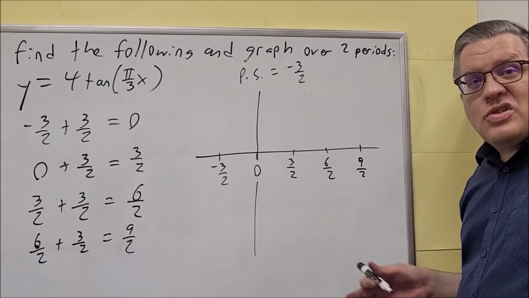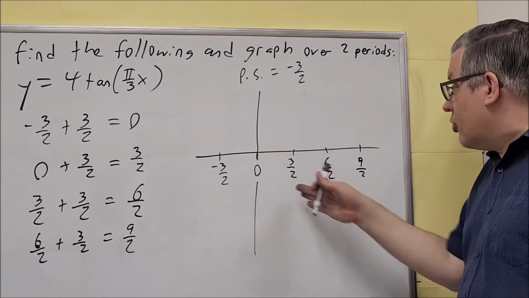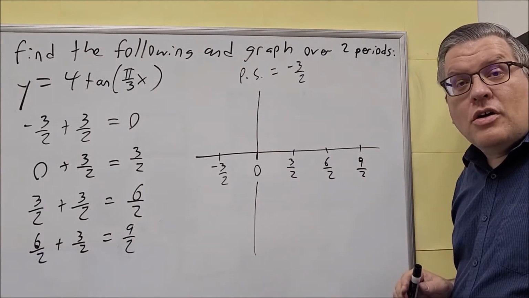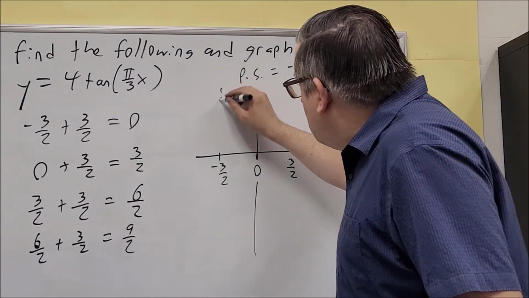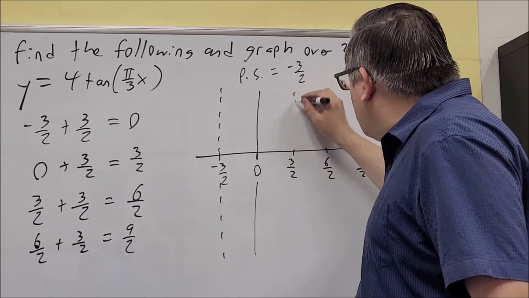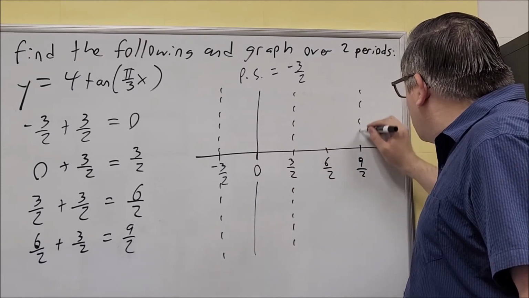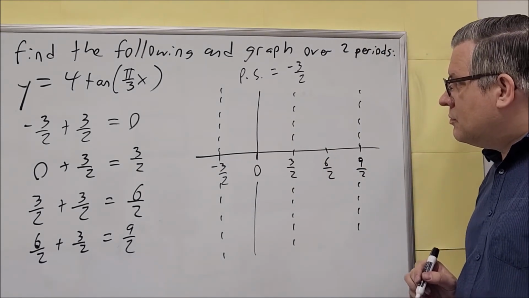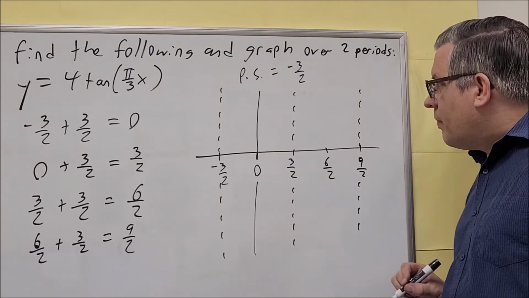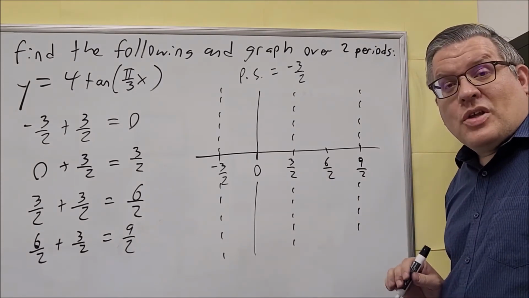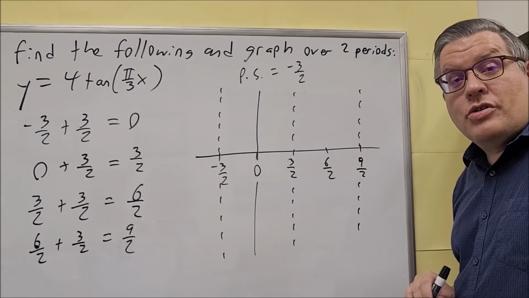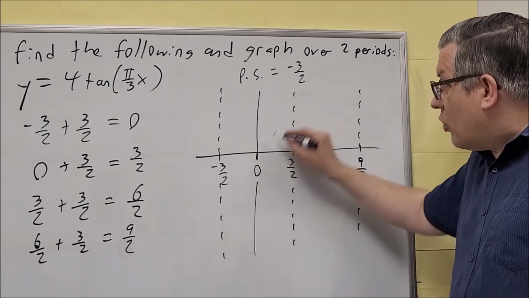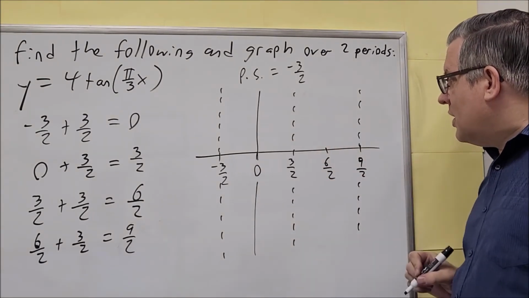The way this is set up is it's always the first one, the third one, and the last one that gets the vertical asymptotes. Negative 3/2 has one, there's one at positive 3/2, and there's one at 9/2. Now the graph is going to look the same as the base graph that we originally talked about, where it's going to rise and go this way.